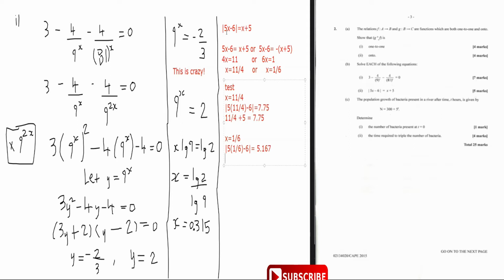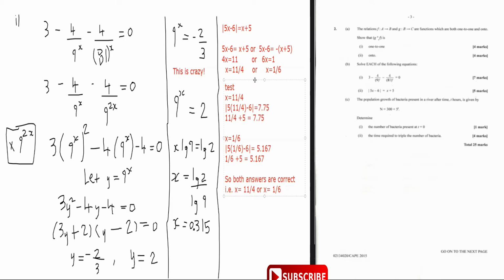On the right-hand side, it's 1/6 plus 5, which is the same as 5.167. And so both answers are correct. That is, x is equal to 11/4 or x is equal to 1/6.